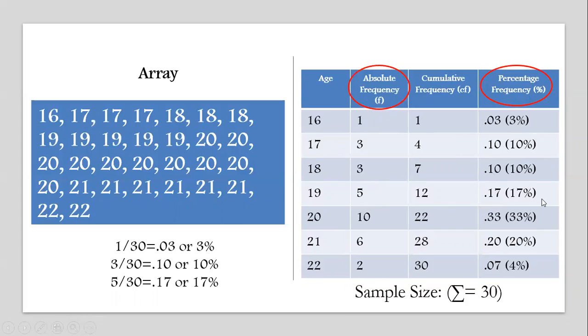So what this table is telling us is that 3% of our sample reported being 16. 10% of our sample reported being 17. Another 10% of our sample reported being 18, and so on and so forth. So this is what a percentage frequency distribution table looks like.